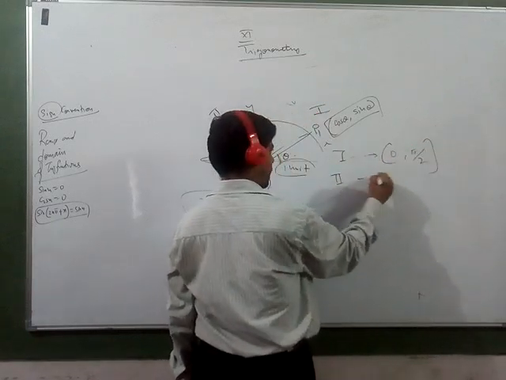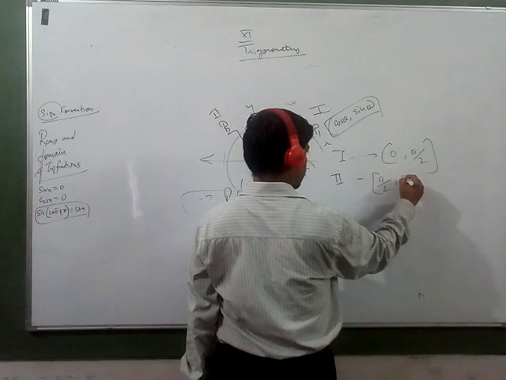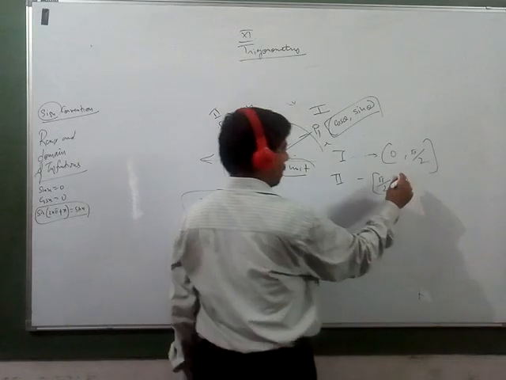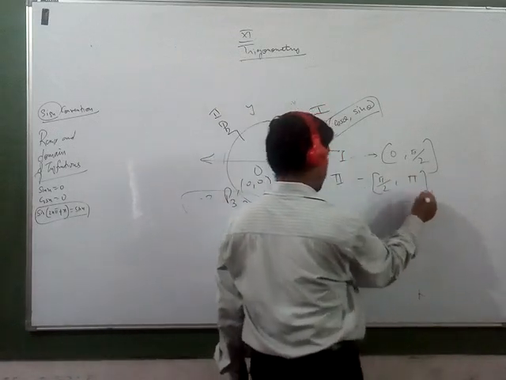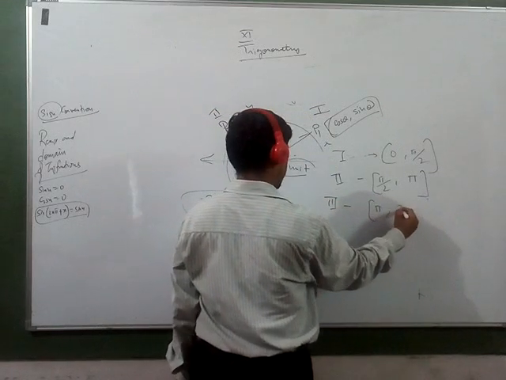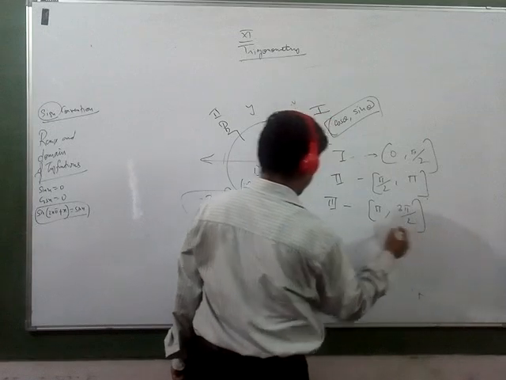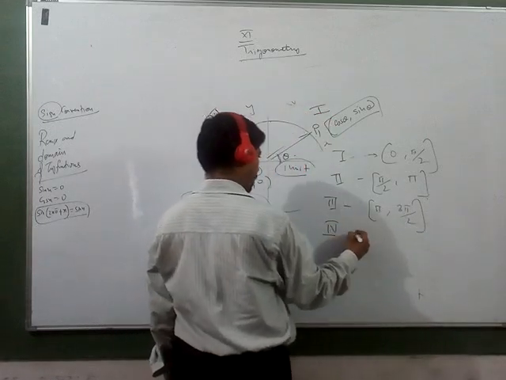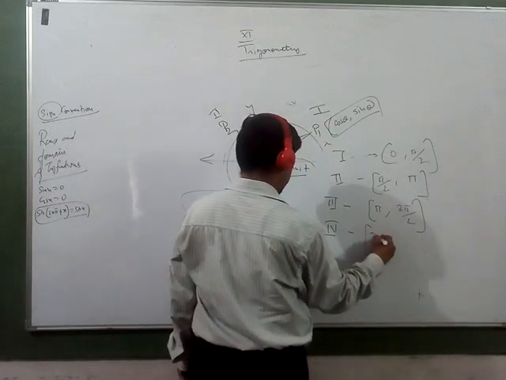Second quadrant is pi by 2 to pi. Third quadrant is pi to 3 pi by 2. Fourth quadrant is 3 pi by 2 to 2 pi.